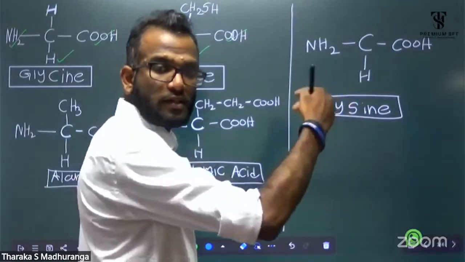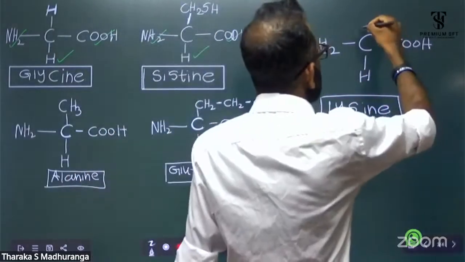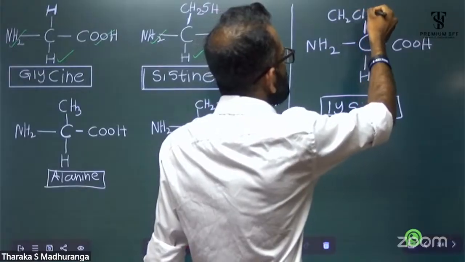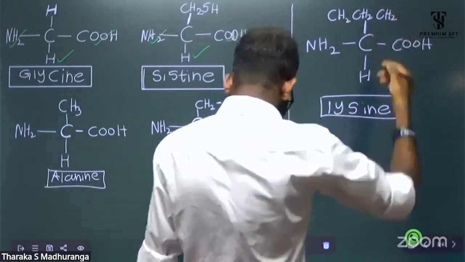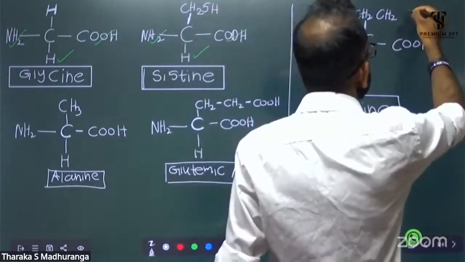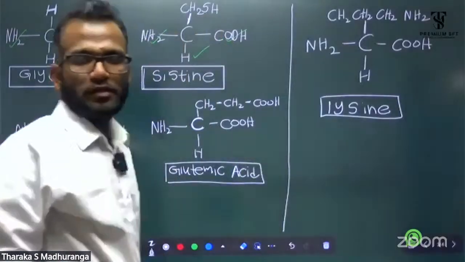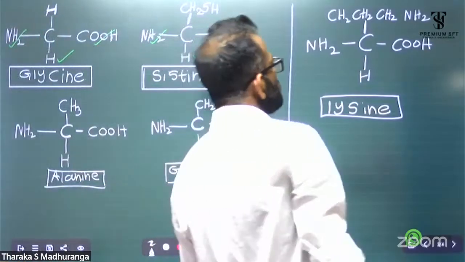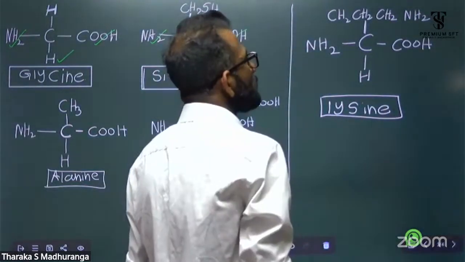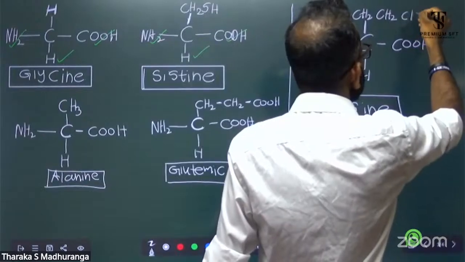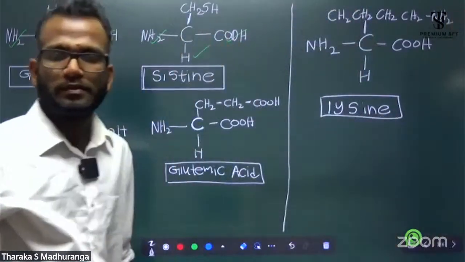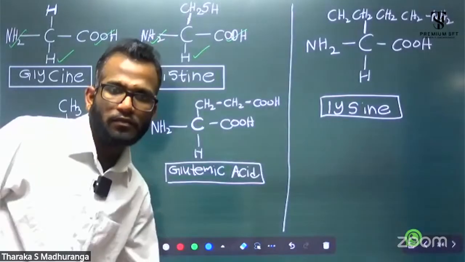The lysine R carbon chain is a long R carbon chain, therefore I will write from this point: CH2, CH2, CH2, CH2, four CH2 and NH2, the amine. Final one, NH2.